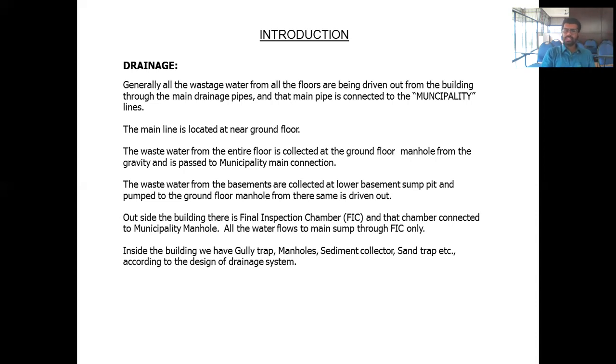So there's a chance of foul smell coming back to our toilets. So we keep gully traps in between, which act as a sealant so that the smell cannot come back to the toilets.